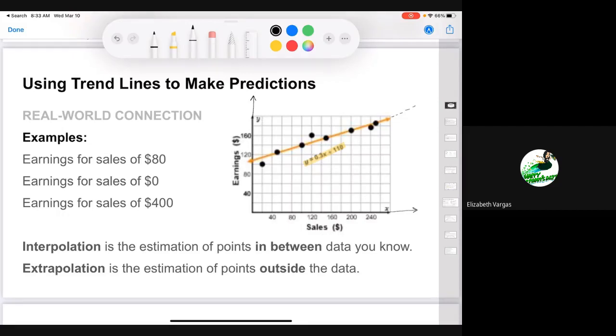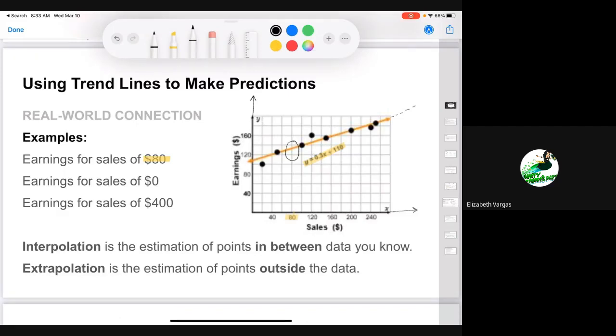Okay, so the way that we are able to identify how the trend line will act as we move further down in our x values is that all we have to do is plug in these x's. So for example, let's look for the earnings for sales of $80, sorry. Okay. Well, we see that it's right here. But what we see is that we're not given a clear y right here.